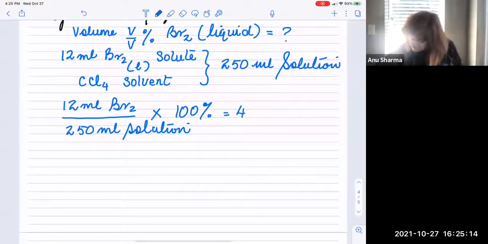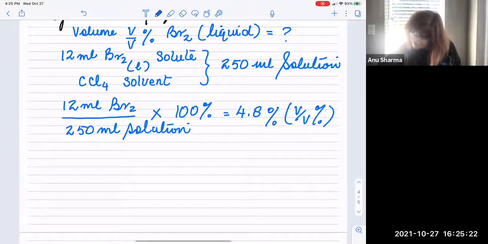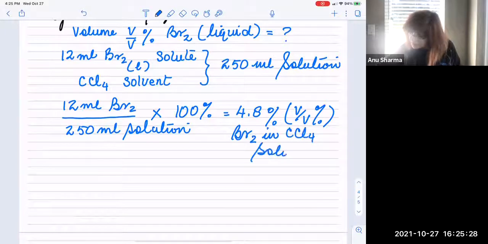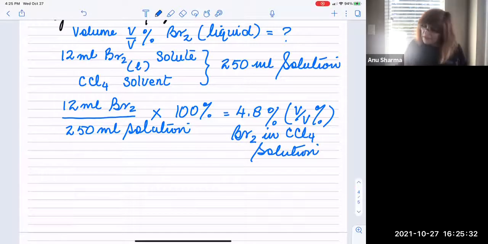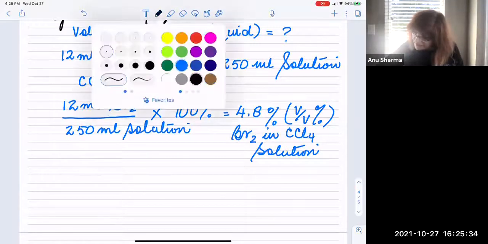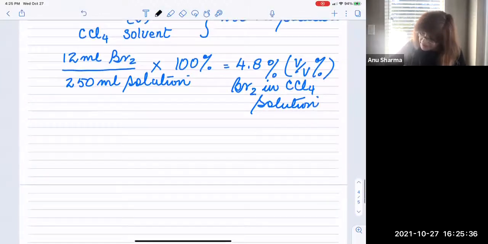So let's do the math. So the answer is 4.8 percent volume by volume percent of what? Bromine dissolved in carbon tetrachloride solution. So it's very important you write down in what context it is. Okay. Next is the mass by volume percent.